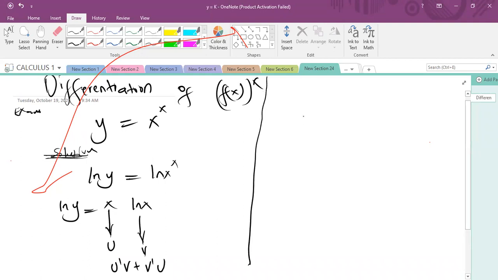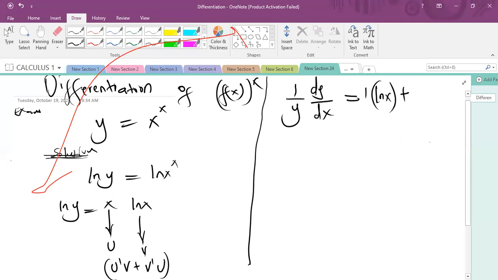Differentiating ln y, we get 1 over y dy/dx. And then differentiating on this other side, we're going to use the product rule. So u prime is 1 multiplied by v, which is ln x, plus v prime.